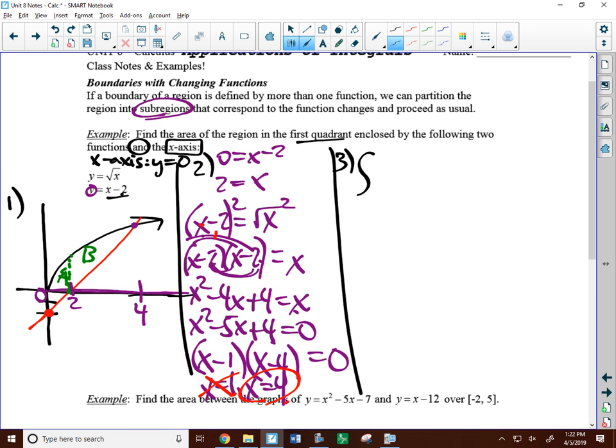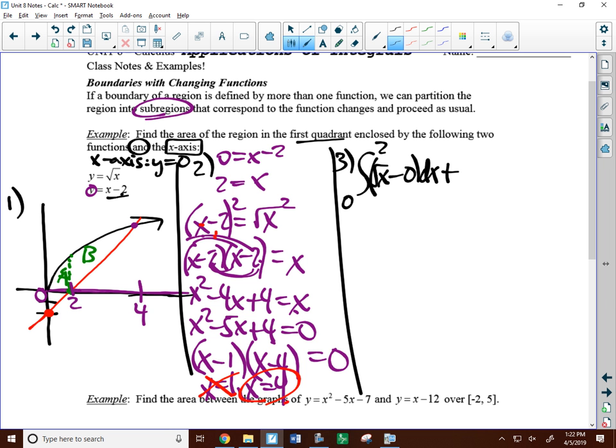So the first one for region A is from 0 to 2. Top function is the square root of x, minus the bottom function, which is the x-axis, y equals 0. You could also just not write 0 there if you want.